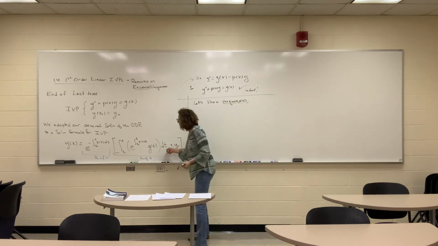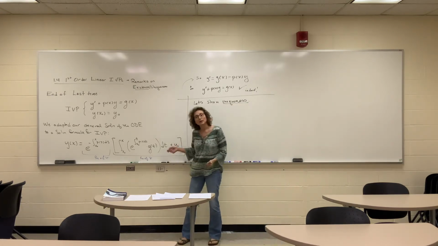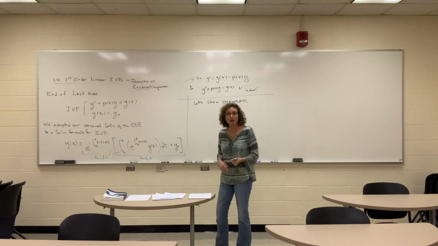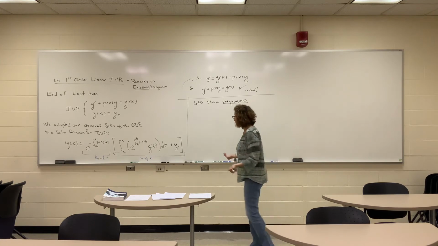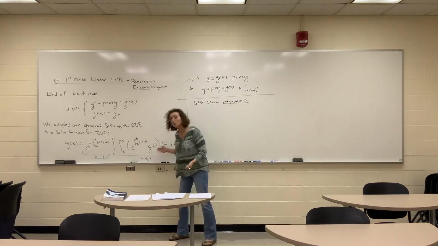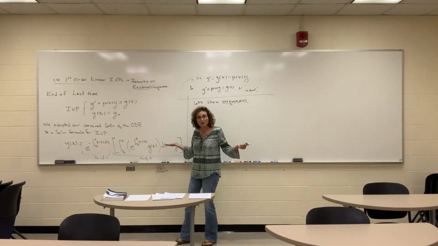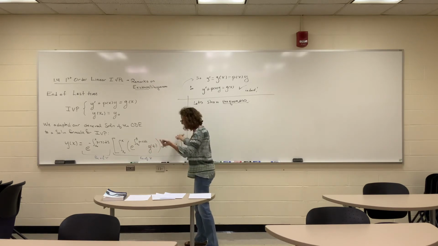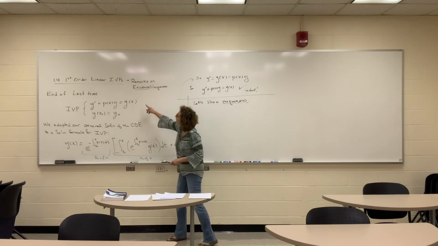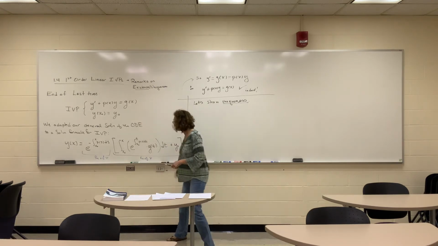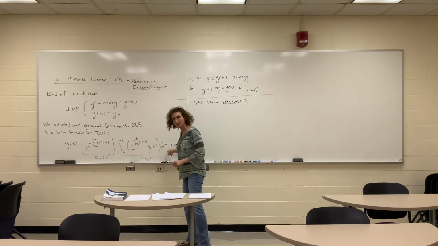Maybe there are other solutions out there that don't look like this for this initial value problem, okay? Maybe. We don't know. It would be super nice if this contained all possible solutions, yeah? If this solution was it, and there wasn't something else that could solve this initial value problem, right? So the question is, is this guy unique?